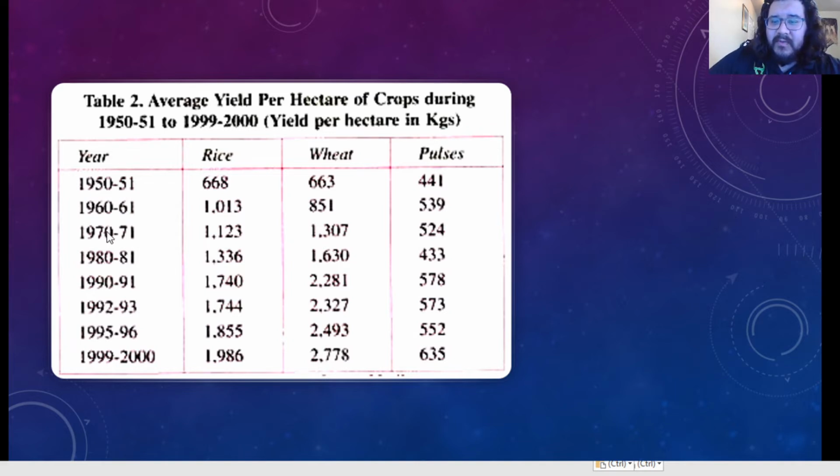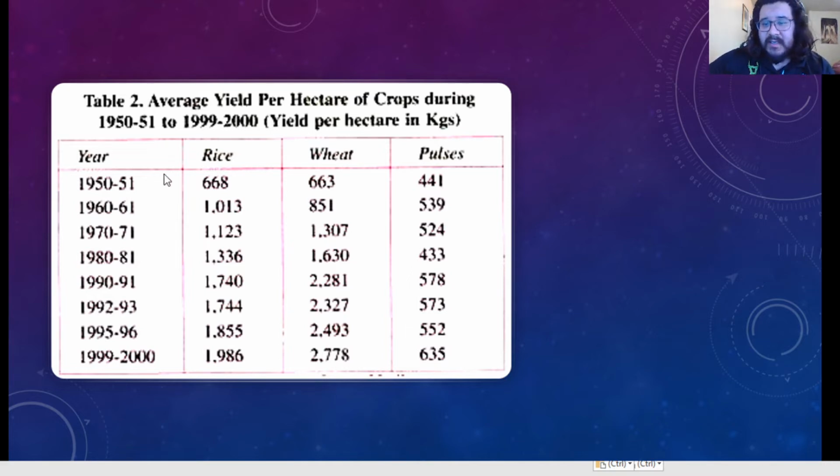We can see increases in agricultural yield starting in the 60s, from 1960 to 1961. As time passes, for these two particular products, not so much for pulses, we see rapid and significant development. What we call significant here would mean a greater number than would normally be expected without any outside influence. In this case, we know there's an influence, it's the Green Revolution.